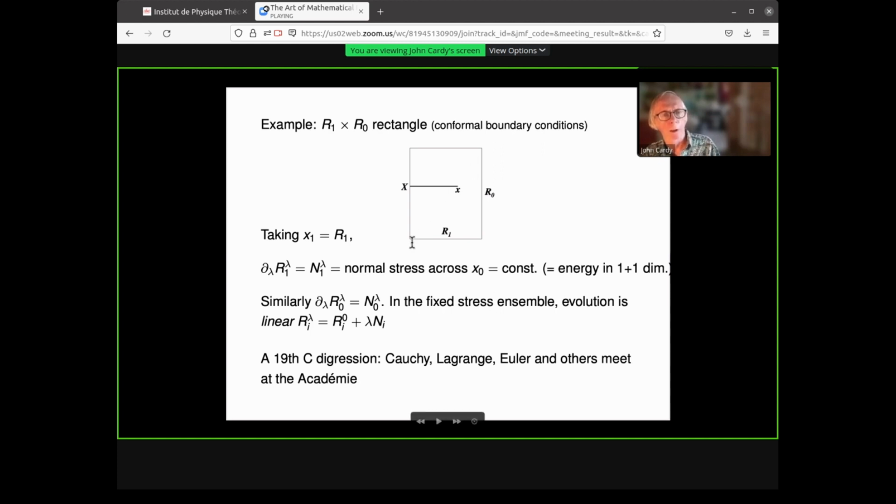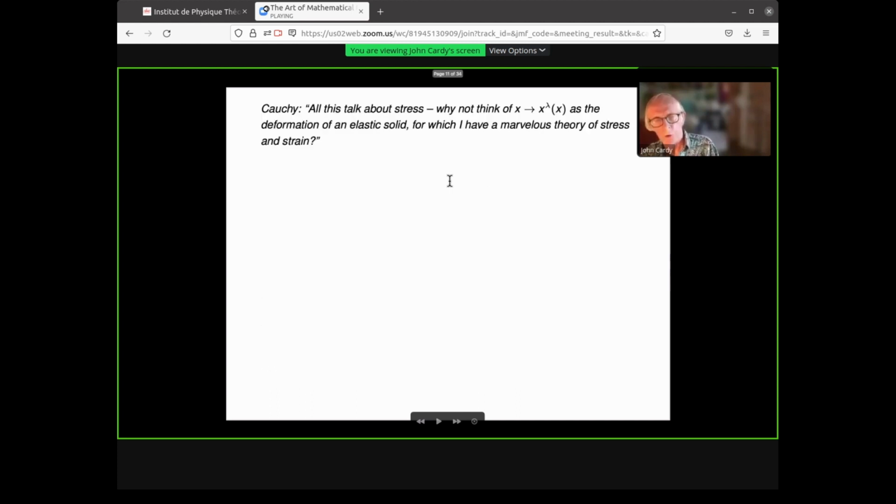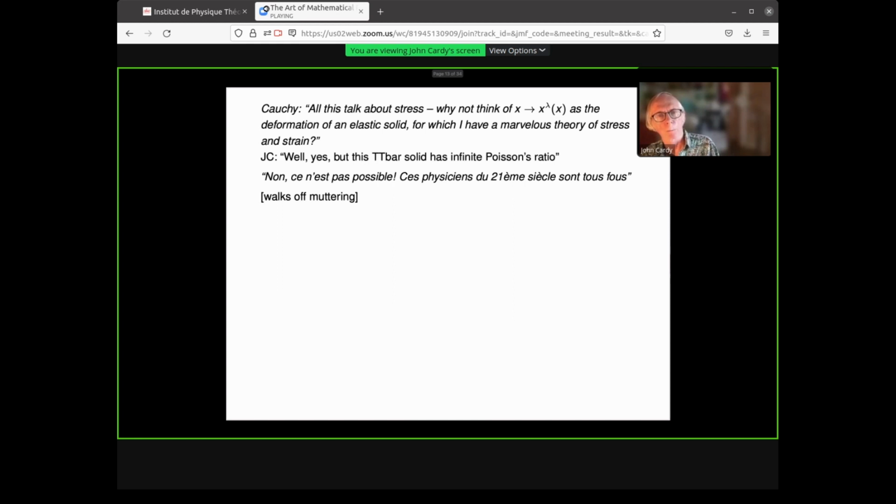And the amazing thing, which you can see from our equations here about T-Tbar, this strange elastic material, is that if you try to compress it from above, it won't compress at all in a vertical direction, but will only expand in a horizontal direction. I point this out, and he says, well, it's not possible.